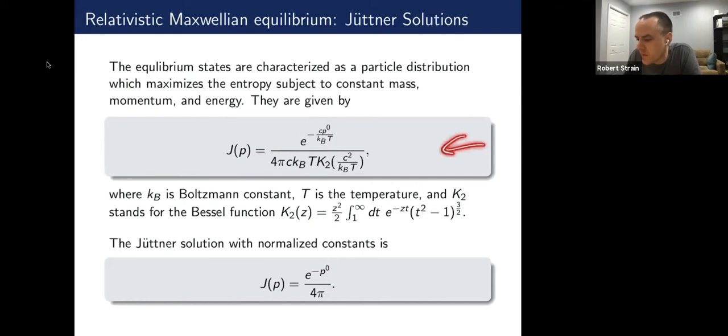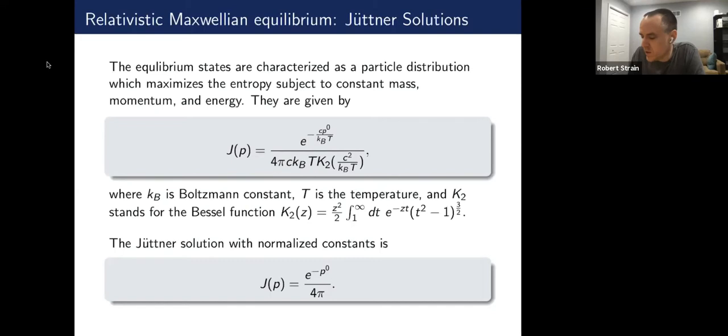And in full physical generality, they can be written as J of p equal to e to the minus c p0 over k_B T, divided by 4 pi c k_B T times the Bessel function K2. Here c is the speed of light, k_B is Boltzmann's constant, T is the temperature, and K2 stands for the Bessel function that comes out if you want this to be integrable in L1.